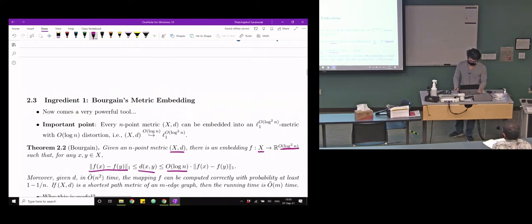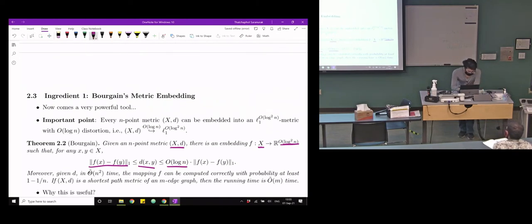And moreover, this mapping F, you can compute it in n square time, fast. And moreover, if this metric, for example, is defined from a graph, like a shortest path metric, you can compute it in near linear time.